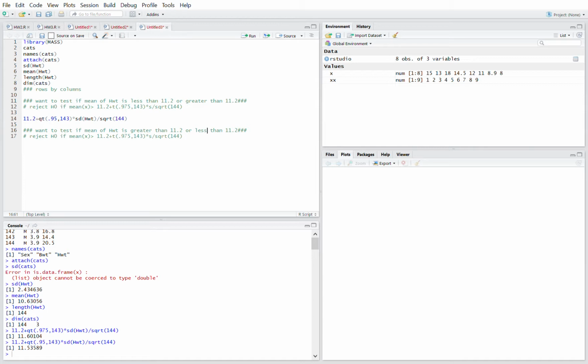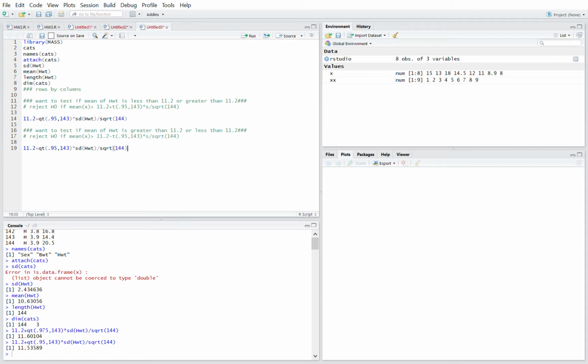This is going to be minus, and oh, see, I made a mistake there, that should be 0.5. So we're going to look at the minus, run that, and it's 10.864. What did I get? I got 10.34 for the mean, right?